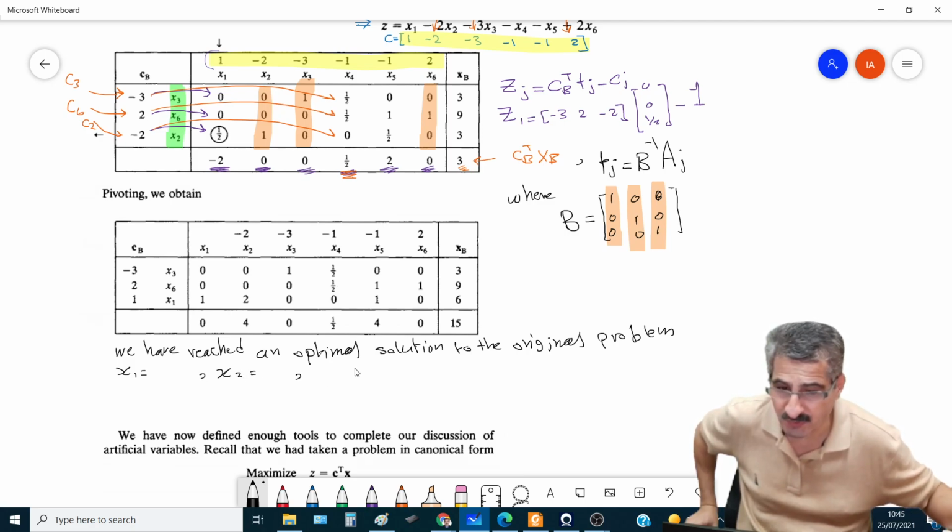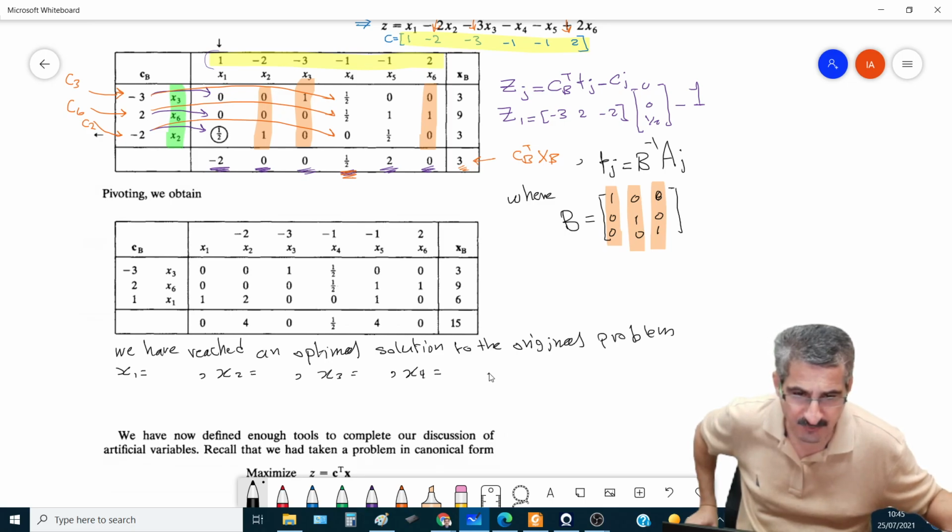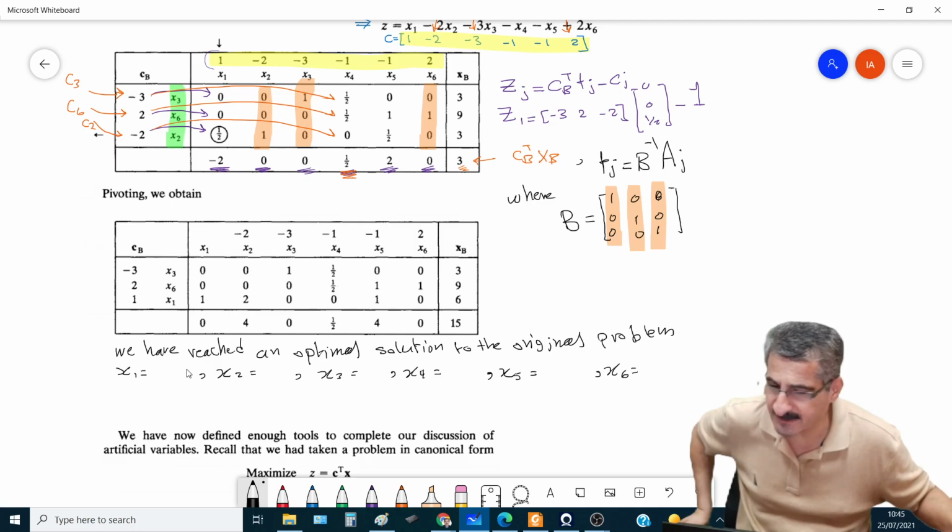Are you sure? x3 is what? x4 is what? And we want the original variable. We don't want to evaluate the slack variable. Okay. So x1 actually is 6, right? Yes, 6. Thank you for the correction.